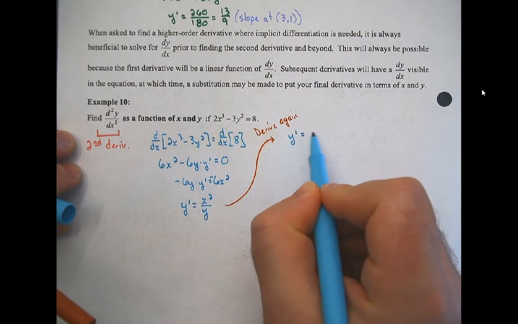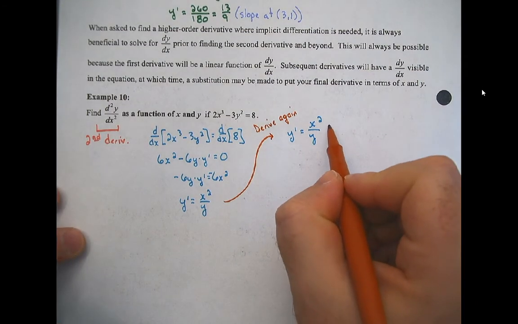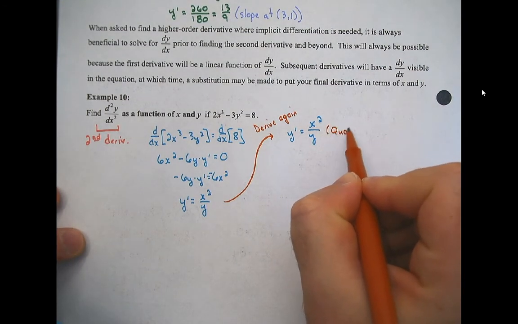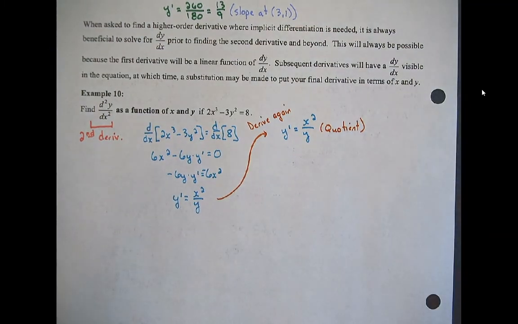Y prime equals x squared over y. What type of rule is this? This is a quotient rule. So let me get a different color. Do your u's and v's while you're waiting for me.